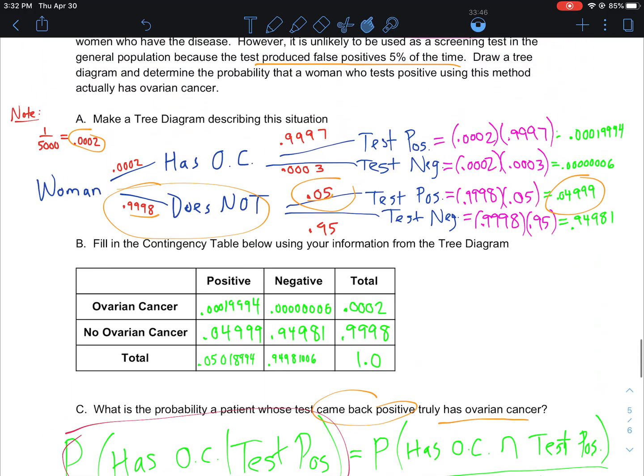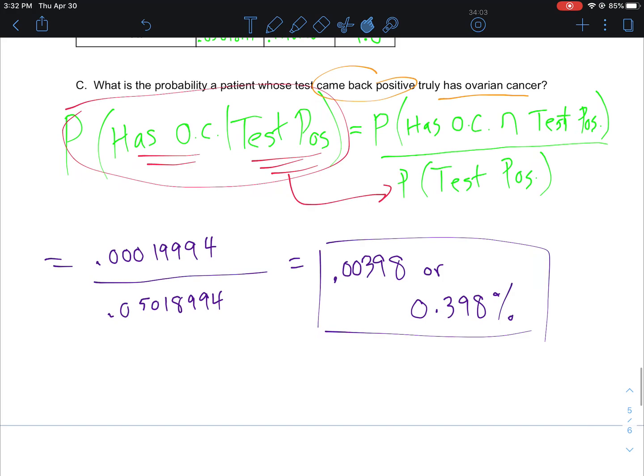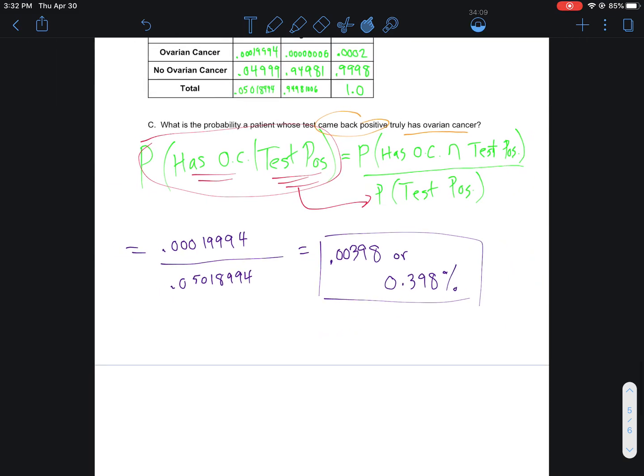So this is your denominator. Now, you could have just gone up to your tree diagram and added the two numbers here for that denominator and then said, okay, out of those two, the people who actually have it is this one. So it would be this number over their sum. And that's what you see right here. And it comes out to 0.398%.